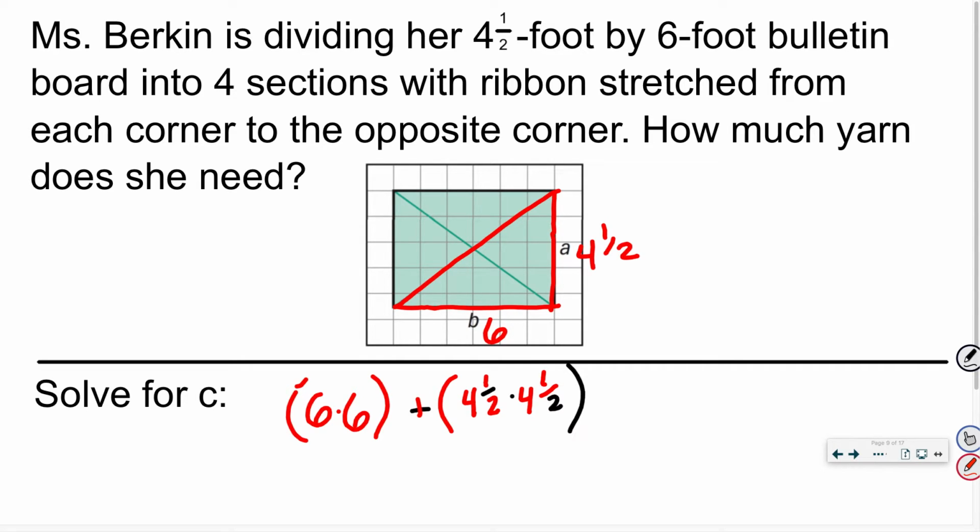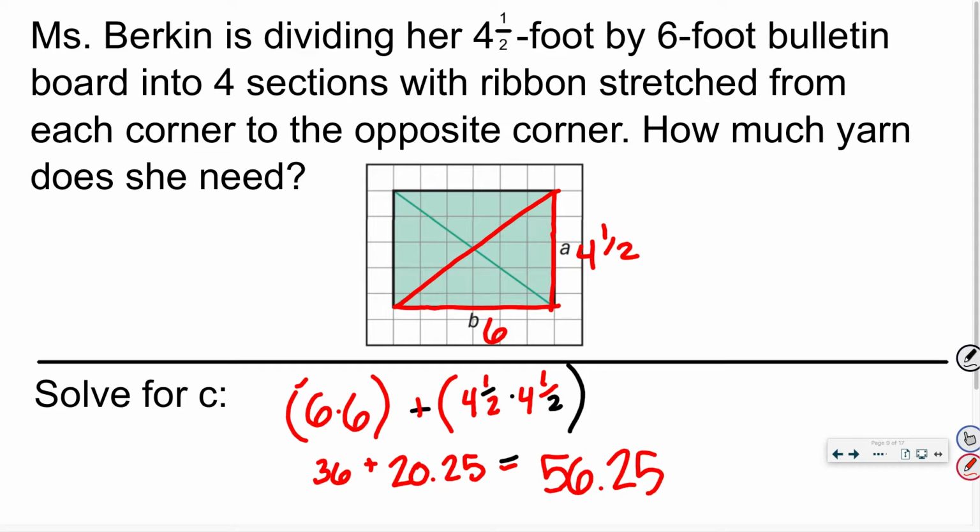What is 6 times 6? 36. And what is 4.5 times itself? 20.25. If I add them together, what do I get? 56.25. Good.